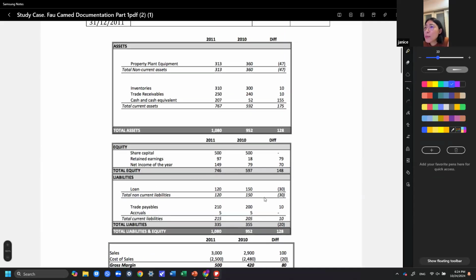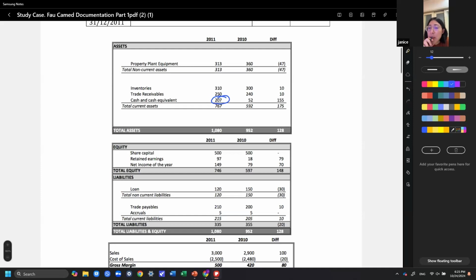They seem to grow a little bit in assets. They have quite a bit of cash. The company seems to be doing good, as you say, right? What else?